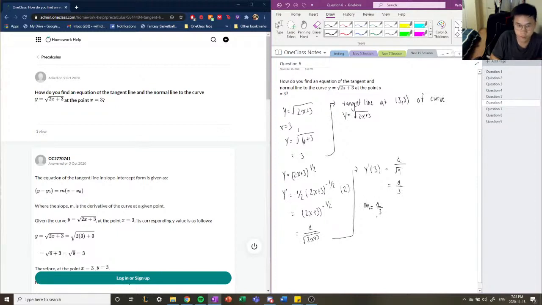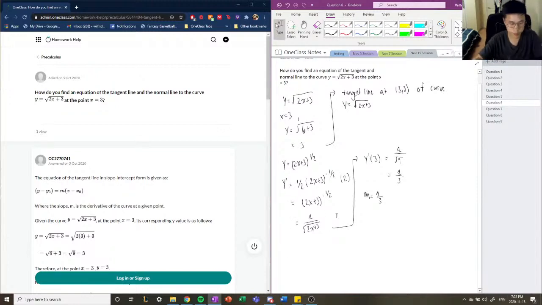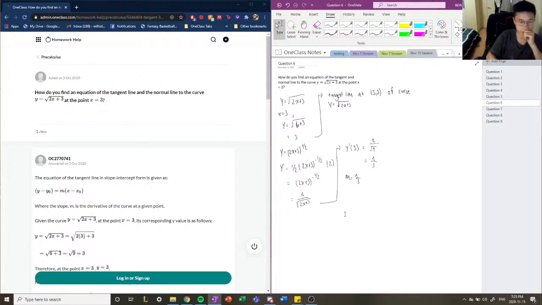And all that's left for us to find is the y-intercept. So let's move down a bit. Okay, so we know that our tangent line equation is y equals 1 over 3 x plus b.